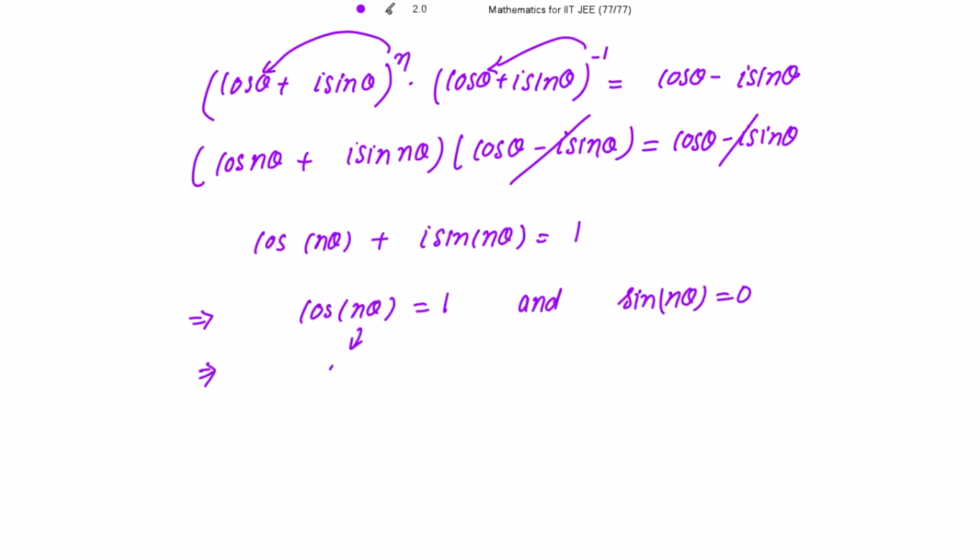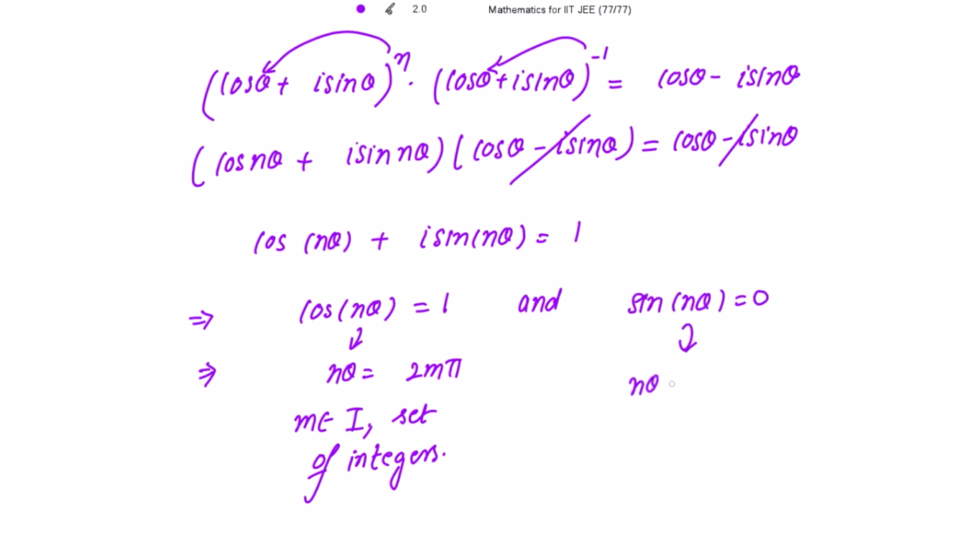When this angle is equal to 2m pi, where m belongs to the set of integers. And when sine n theta is equal to 0, when this angle is again equal to 2m pi, where m belongs to the set of integers. So for both the conditions, we have n theta equal to 2m pi.